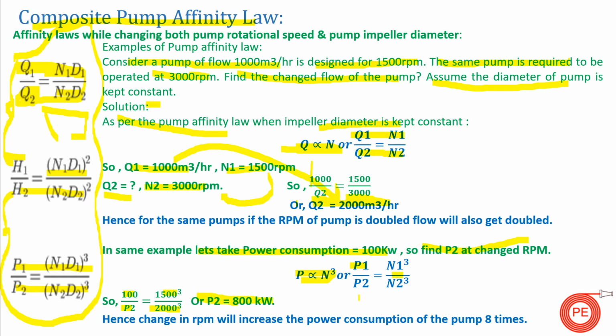That means whenever there is a doubling of the rpm, it will increase my power 8 times. There will be a power increase of 2 to the power 3 times, so 2 cubed will be my power, hence the power consumption of the pump will be 8 times.